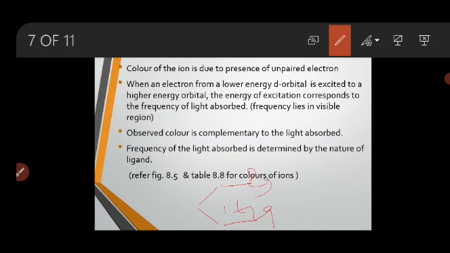If there are unpaired electrons, these unpaired electrons in the presence of ligand absorb energy and go to the higher energy orbital. But the higher energy orbital is unstable and hence the electron comes back. While coming back, it emits light which falls in the visible region, and hence they show the color property.